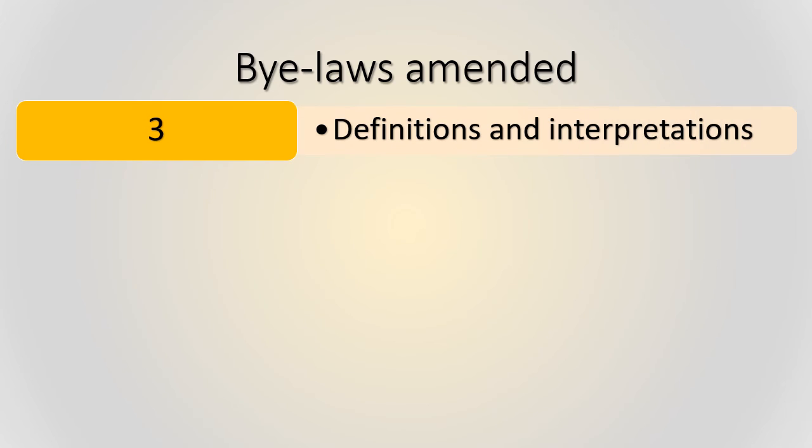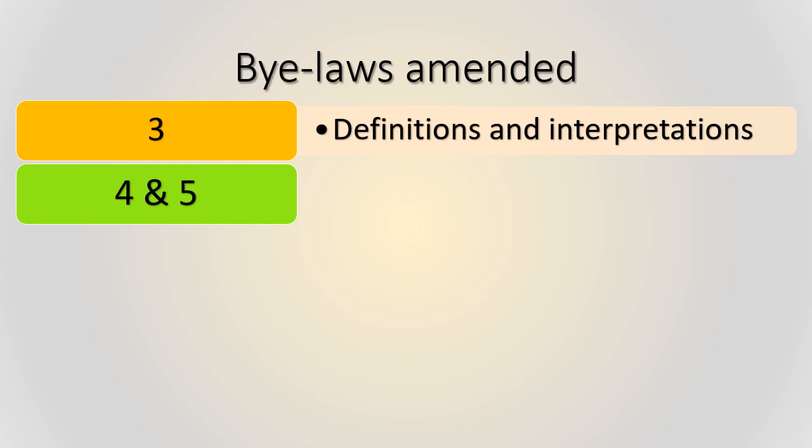So as a result of all these actions, the bylaws that will be amended are bylaw number 3, which refers to the definitions and interpretation of terms, and as explained earlier, it will cover definitions of all the funds as well as the areas and other things defining the society.